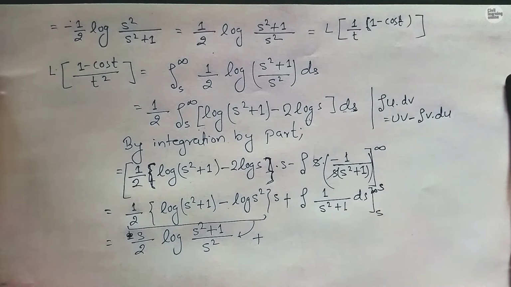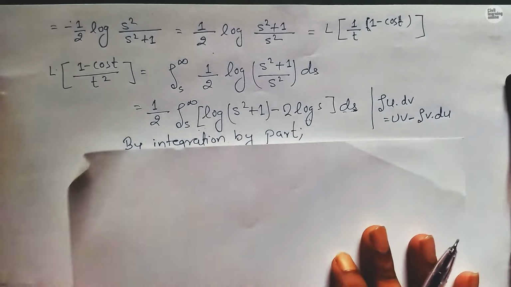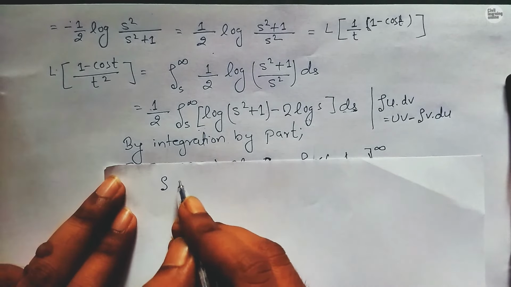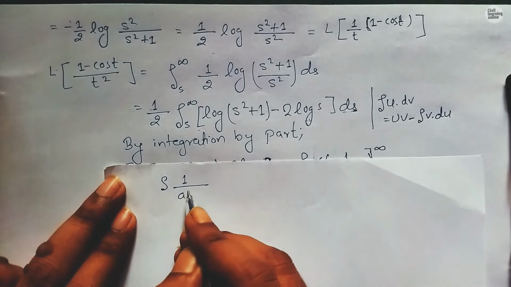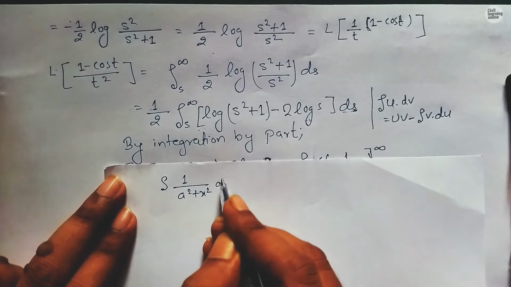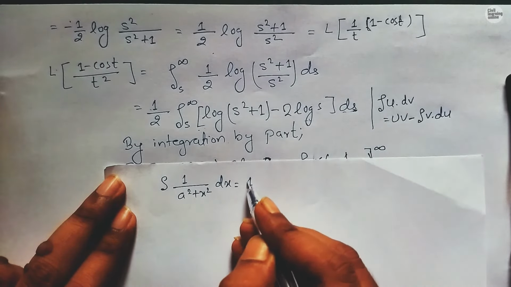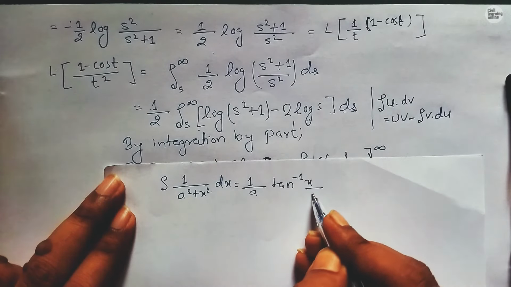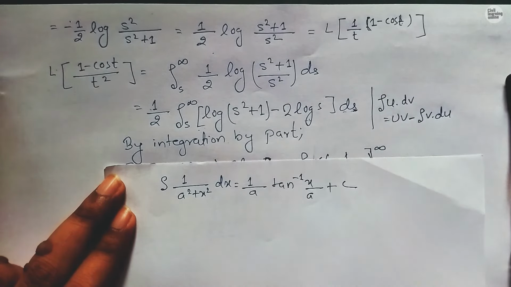So for this integration I need to provide you with some formulas which are used for finding the integration, and they are: integration of 1 upon a square plus x square dx equals 1 upon a tan inverse x upon a plus c, a constant.